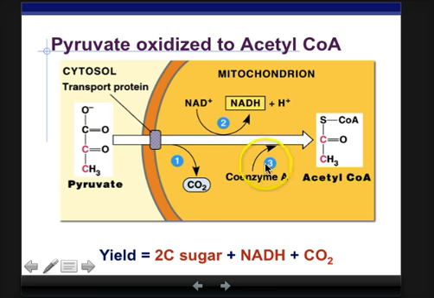We're going to use an enzyme, and then we're going to produce acetyl CoA. So our yield is this tiny little 2-carbon sugar called acetyl CoA, NADH, and CO2. For each pyruvate, that's what we get. Since we have 2 pyruvates, each molecule of glucose gives us twice that.